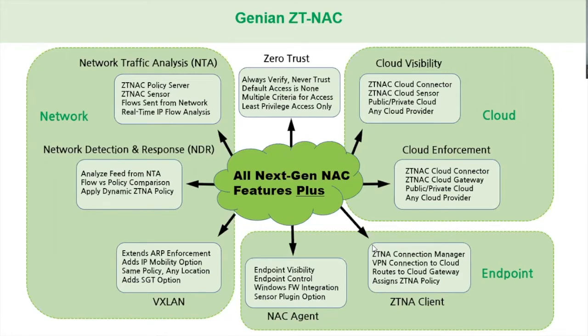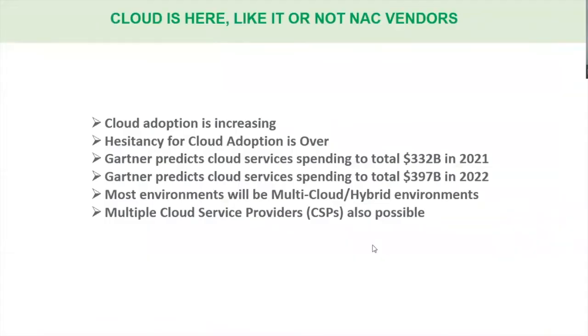The information on the left-hand side is outside the scope of this particular webinar, but those are additional network analysis and network response features that have been added to the ZT-NAC product of Genian's. However, we're going to focus on cloud visibility and control and those components, as well as our client component in this webinar. But as you can see, much more to contend with now than before cloud adoption.